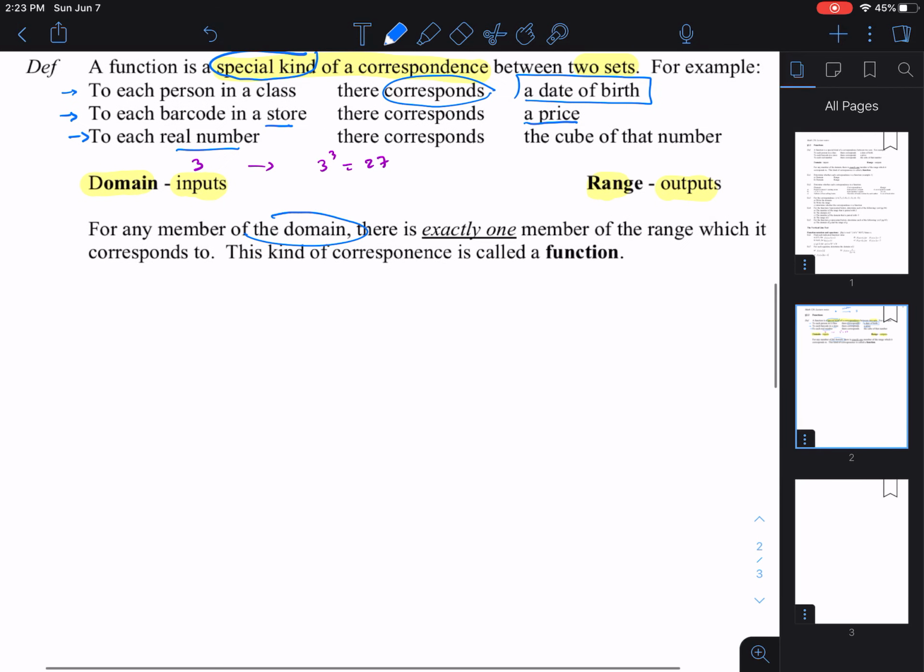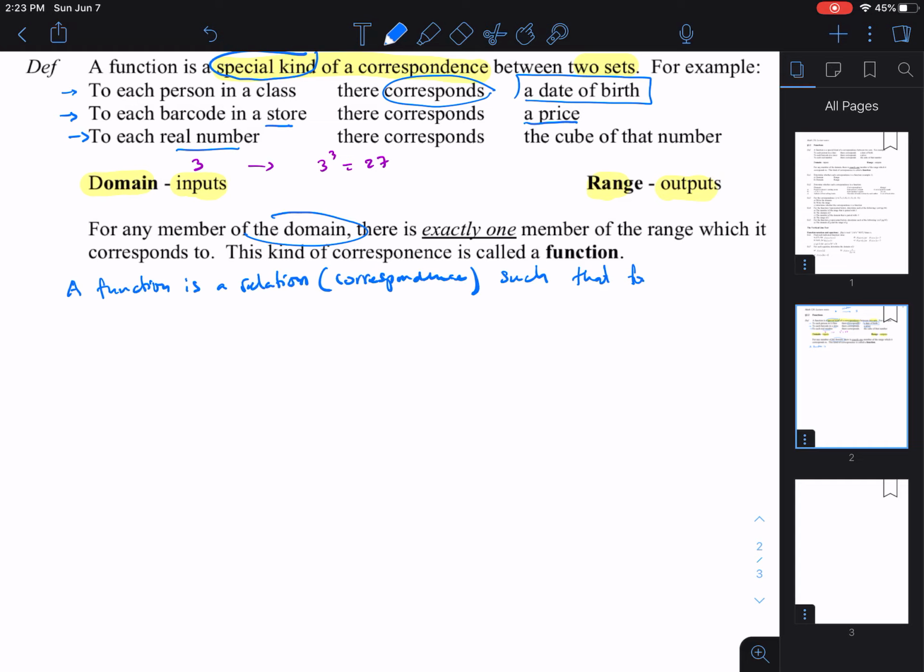To summarize, a function is a relation or correspondence such that each input, which we're going to call the x value, which is what we're more familiar with, maps to exactly one output.